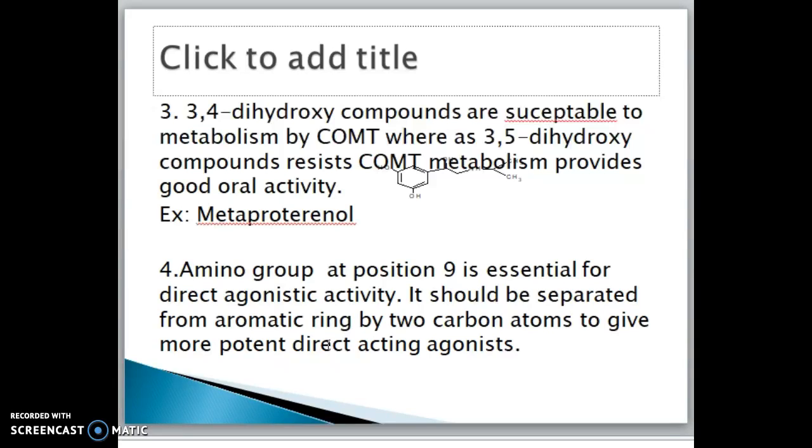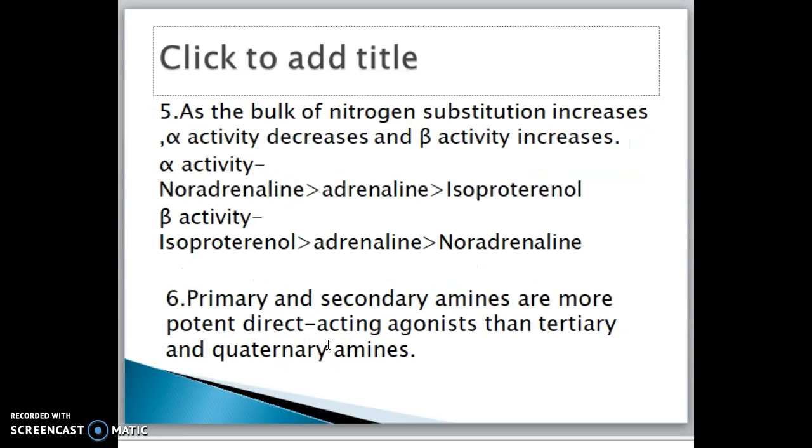Moving on to the amino group at position 9, which is essential for direct agonistic activity, we find that it is separated from the phenyl ring by 2 carbons, so that we get a direct acting agonist. Looking at the substitutions on the nitrogen, if we go on increasing the bulkiness of the alkyl group from methyl to ethyl, ethyl to propyl, what happens?